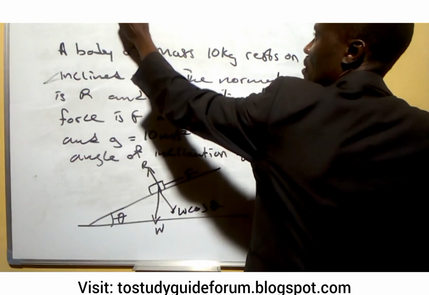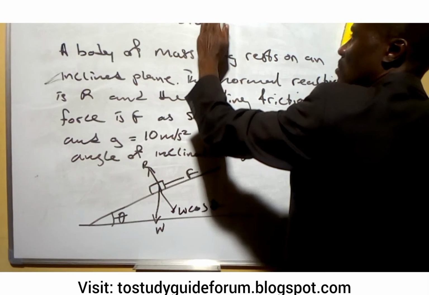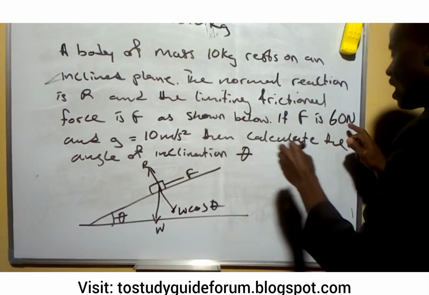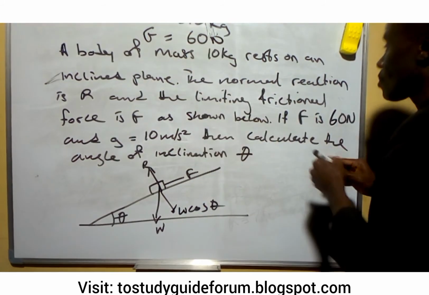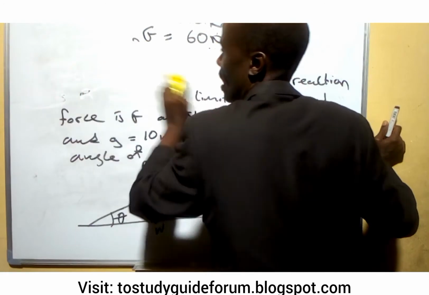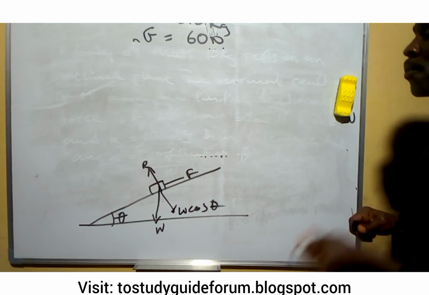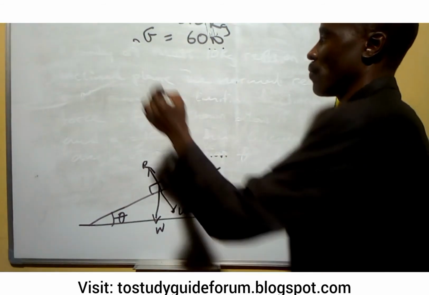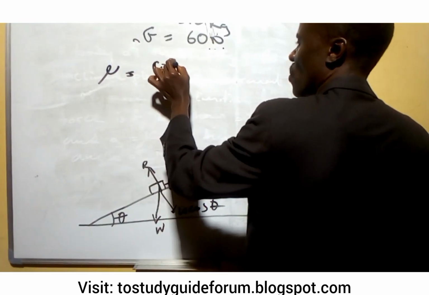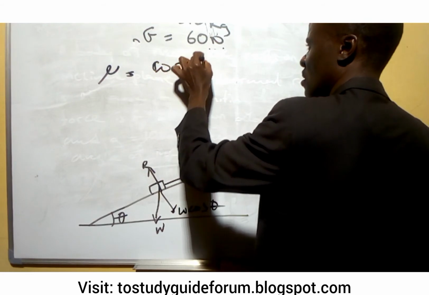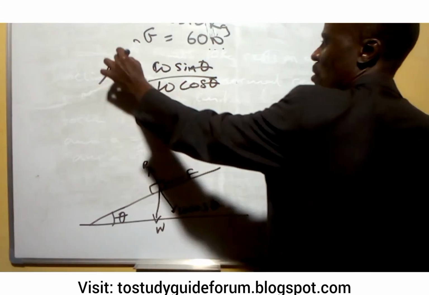We have our mass equal to 10 kg, and our force equal to 60 Newton. From what we have done so far, we know that weight sine theta over weight cos theta will give us the coefficient.